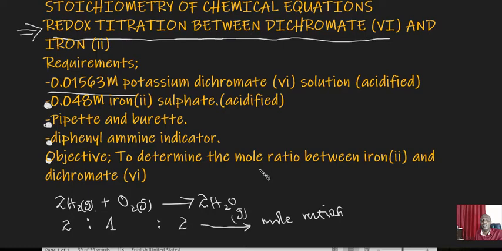When we study and discuss this, we are simply discussing the stoichiometry of chemical equations, and I want us to delve into the practical, and look at how we can arrive at that.